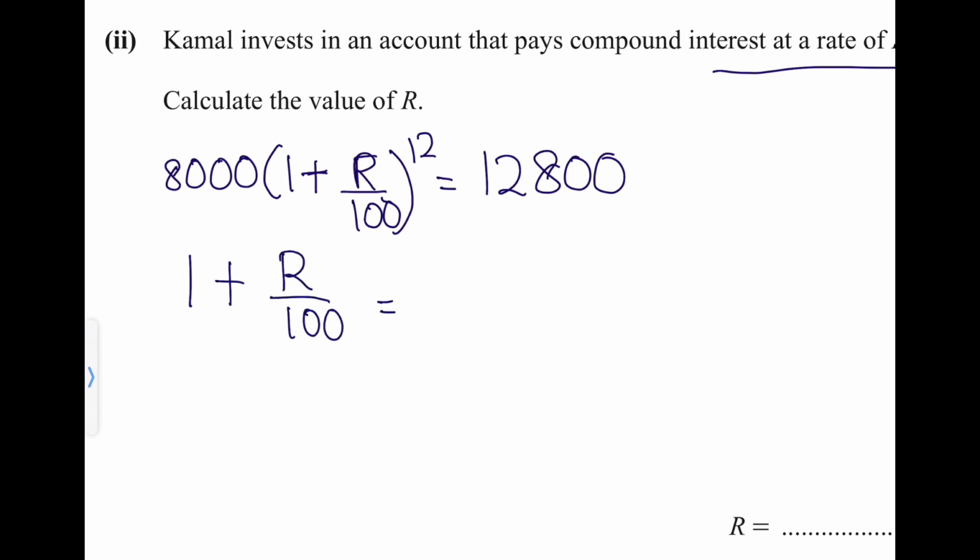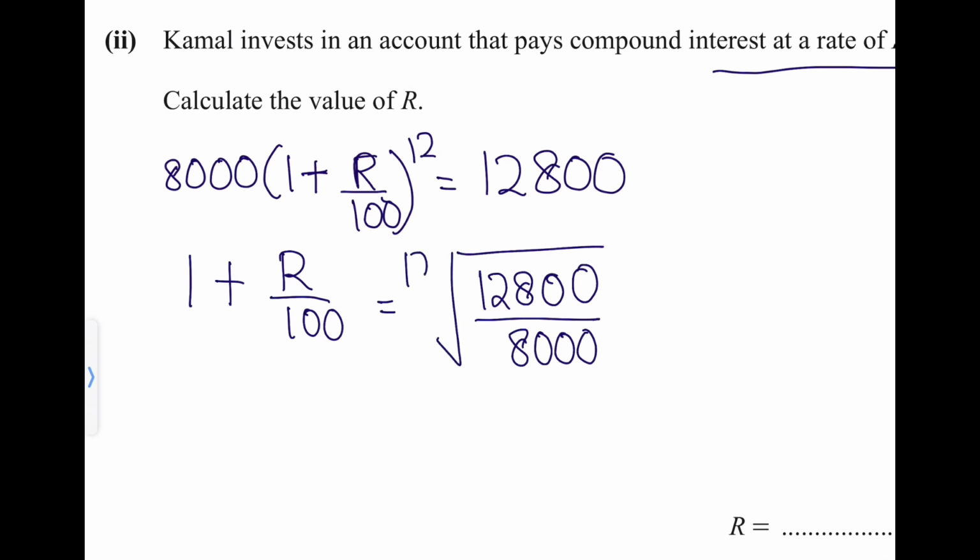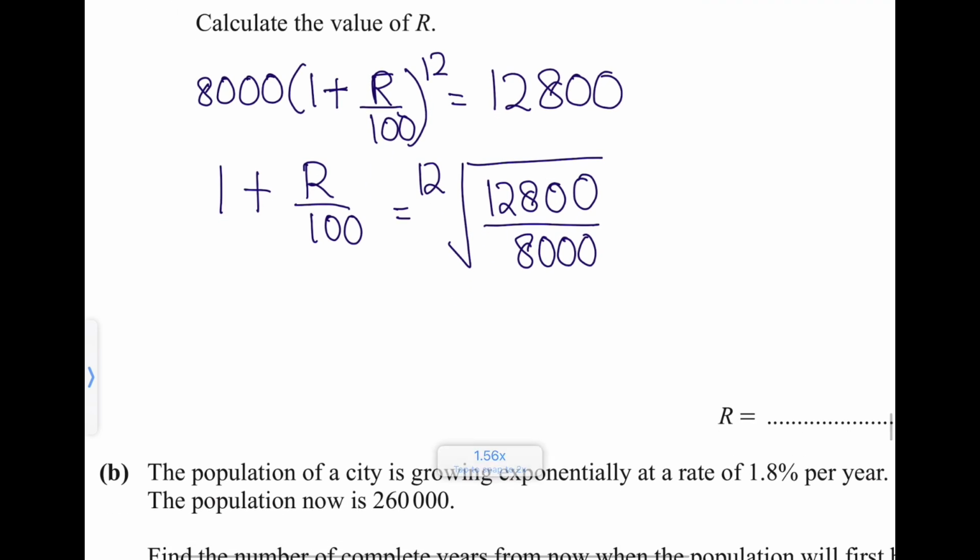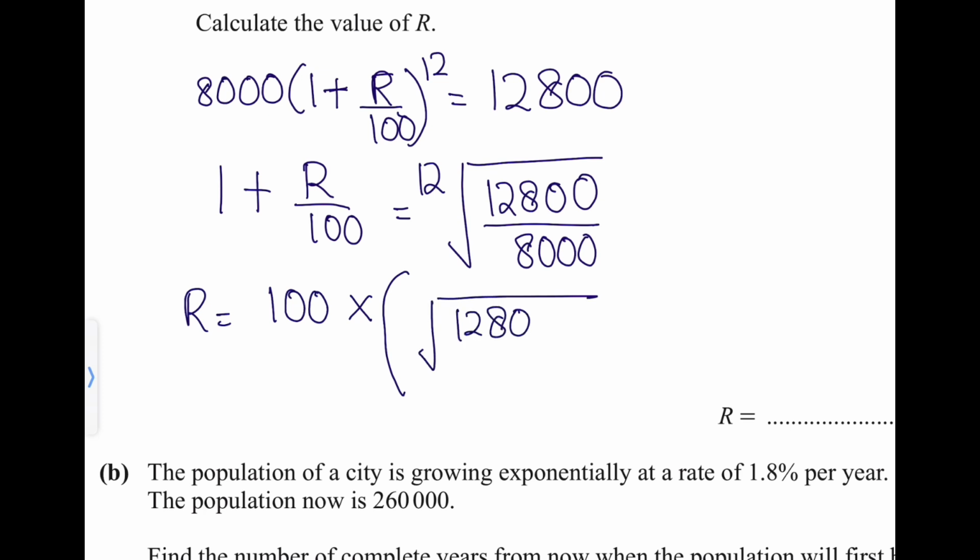What I'm going to do is I'm going to take the 8,000 to the other side in division. 12,800 divided by 8,000, and since it's a power being raised to 12, I'm just going to take the 12th root. So that makes it easy. Then to calculate R, all you need to do is 100 into, take the brackets, 12,800 divided by 8,000 to the power of 1 over 12, minus 1.